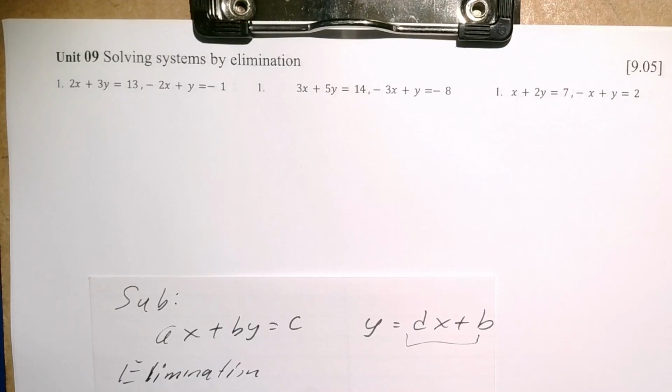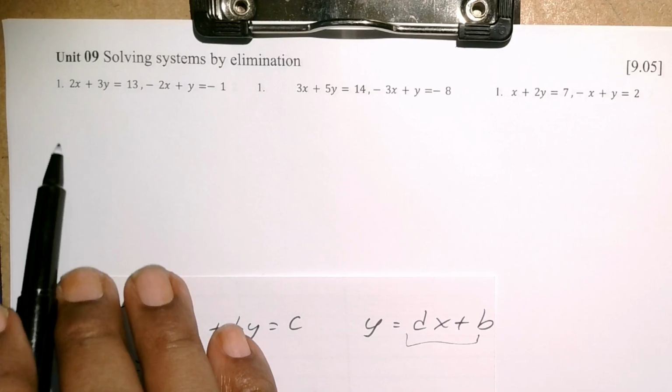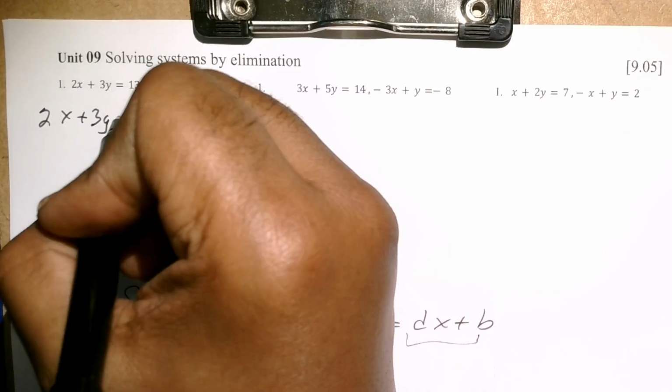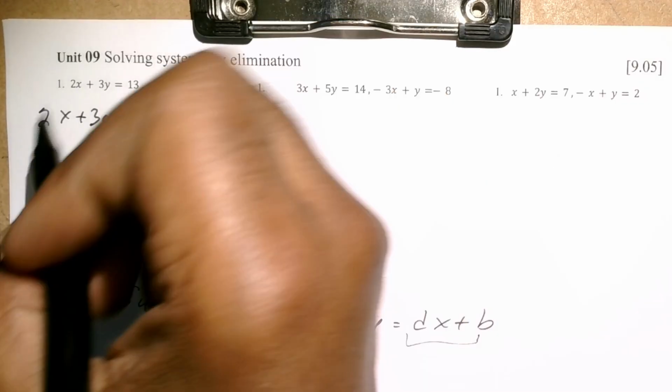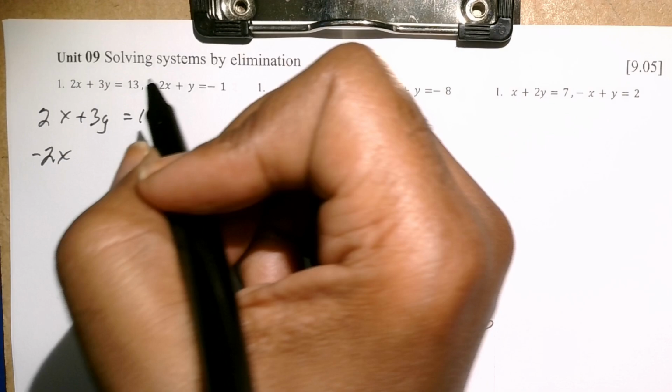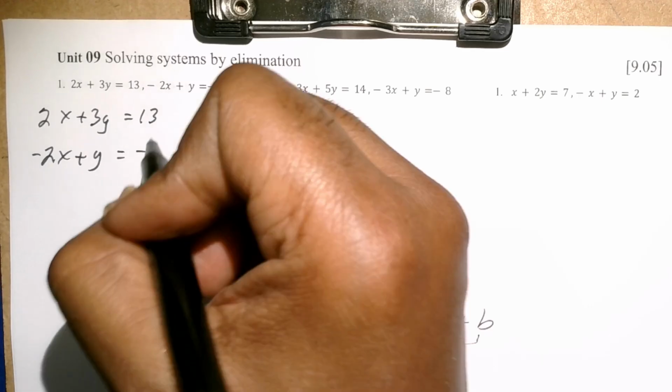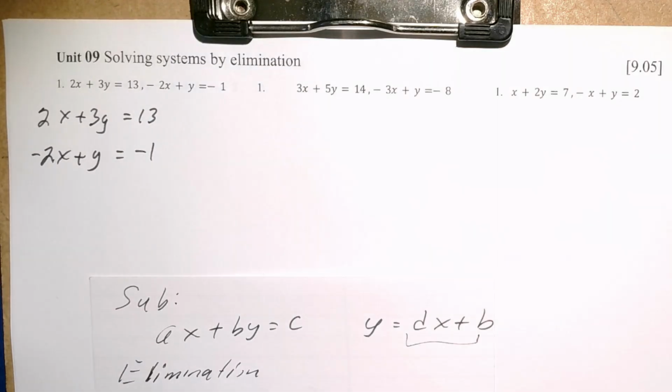So for elimination, we want this type of situation. And we have that. We have 2x plus 3y equals 13, and we also have negative 2x plus y equals negative 1.